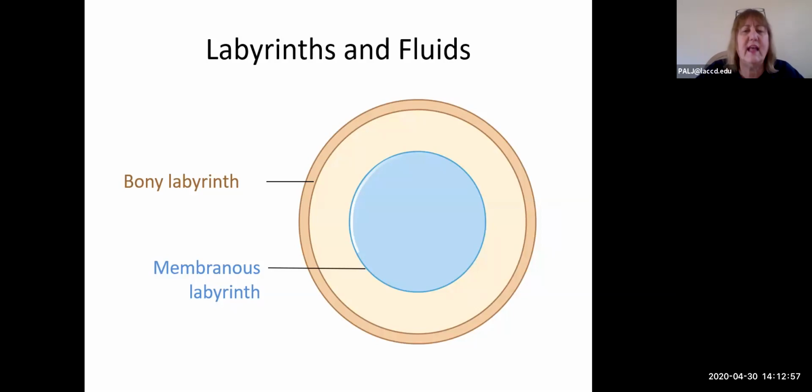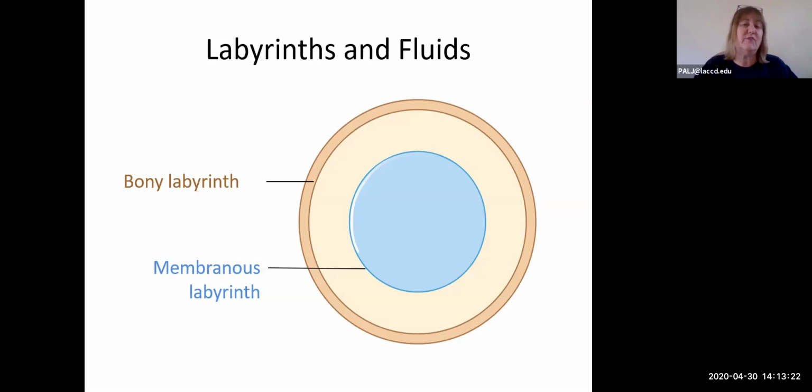So if we look at this labyrinth, the bony labyrinth is the more external part, which is represented by this brownish part. And inside that, where this blue line is, that would be the membranous labyrinth. Okay. So inside each of these labyrinths, there actually is a fluid. So there's fluid inside the bony labyrinth, but outside the membranous.